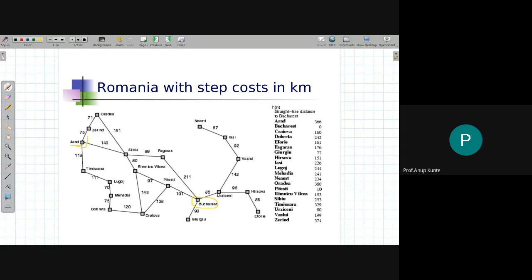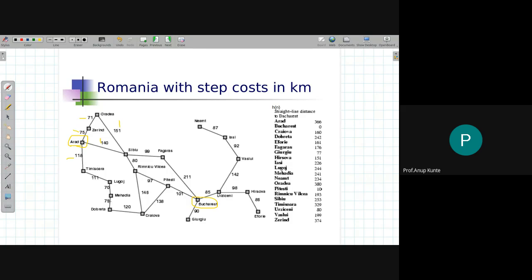So I want to travel from Arad. This is my initial state, Arad, and Bucharest would be my goal state. So my goal test would be to check whether you are in Bucharest or not. And these are the numbers written over here: 75, 71, 141, 151, 118. These are the costs for that particular movement.